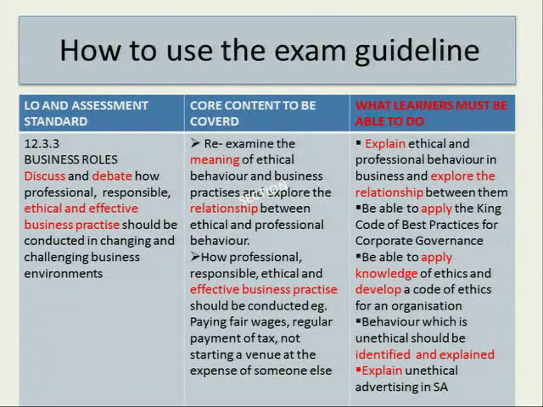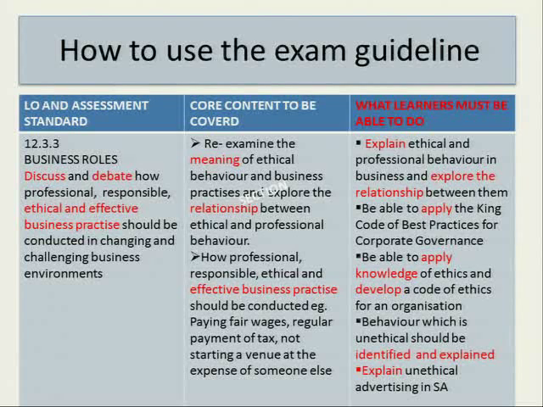Learners must be able to apply the King Code of best practices for corporate governance. Learners must be able to apply their knowledge of ethics and to develop a code of ethics for an organization or a business. Learners must also be able to identify and explain unethical behavior. And lastly, learners must be able to explain unethical advertising in South Africa.